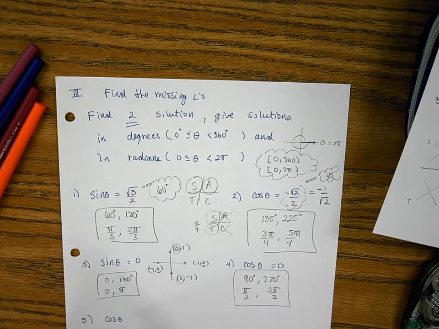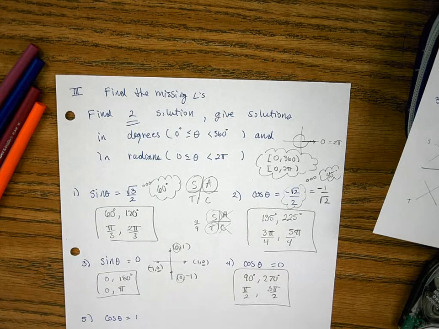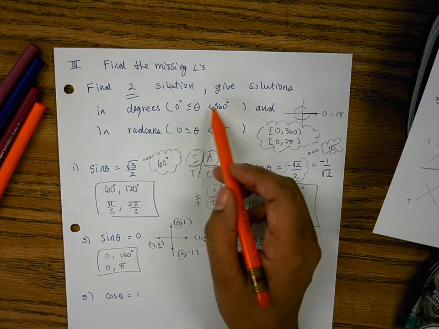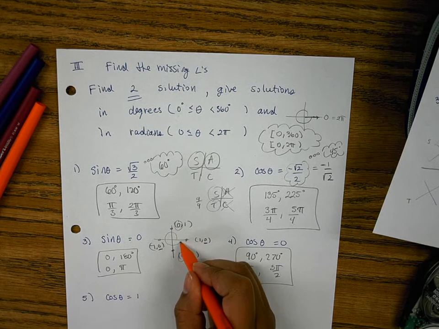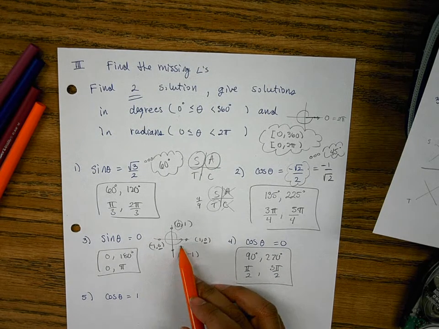Number 5, cosine of theta equals 1. Now, remember our restraints here are between 0 and 360. I can only go between 0 and 360.